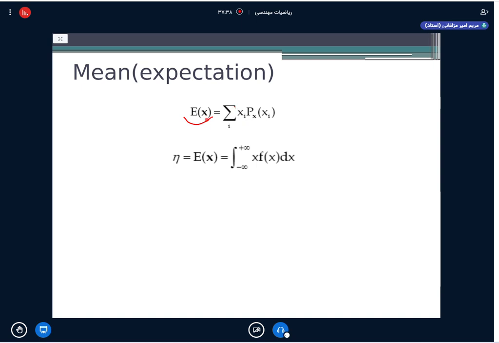For a discrete random variable, to compute the expectation of x, it's enough to multiply each value by its probability and sum these values.